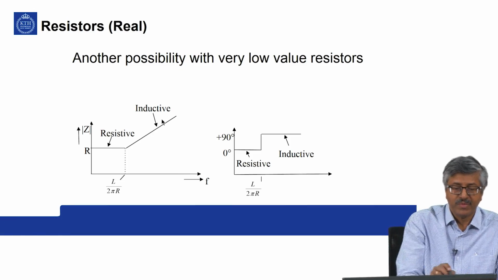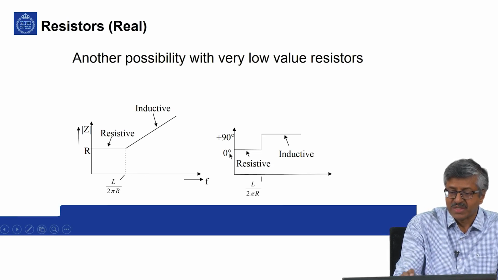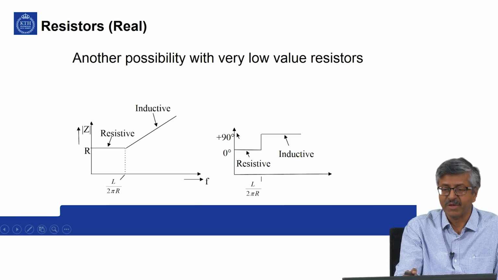So from resistive to inductive, it is going directly without going through the capacitive phase. So you have resistance and you have inductance, the phase angle. So this is another possibility with very low value resistors.